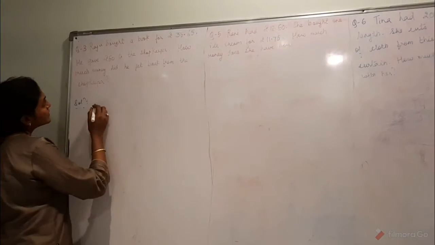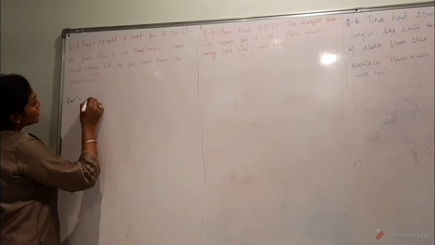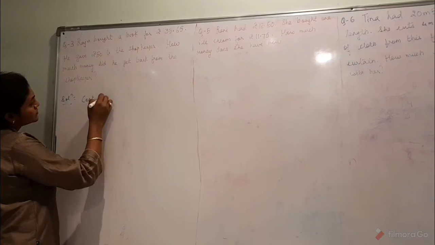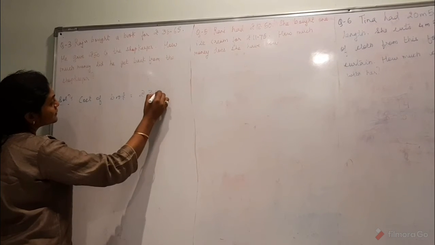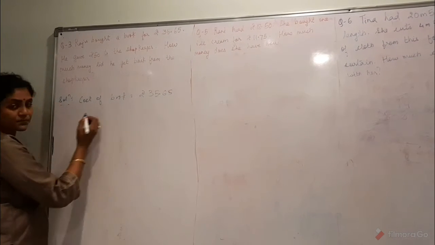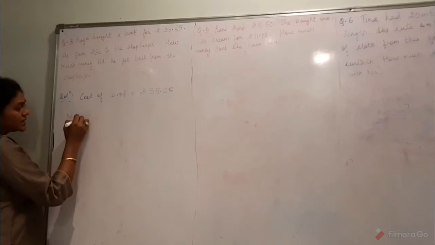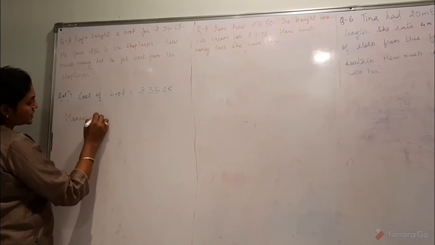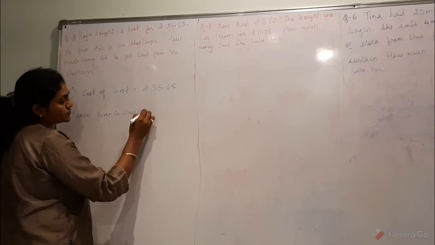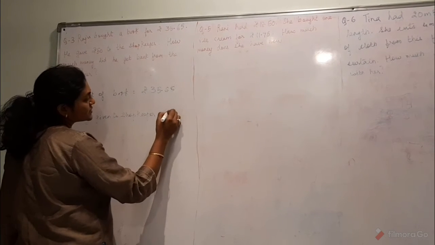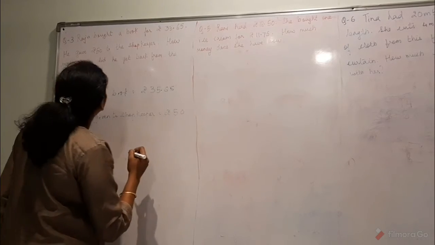So you have to write: cost of book is equal to rupees 35.65. And money given to shopkeeper, that is rupees 50.